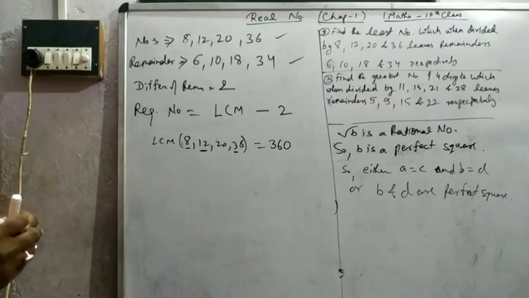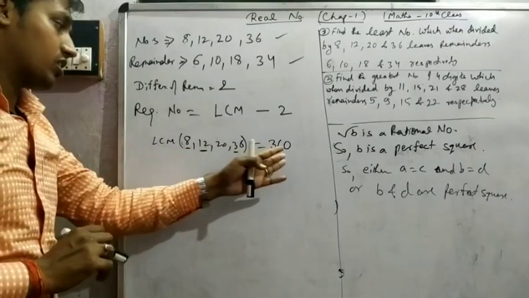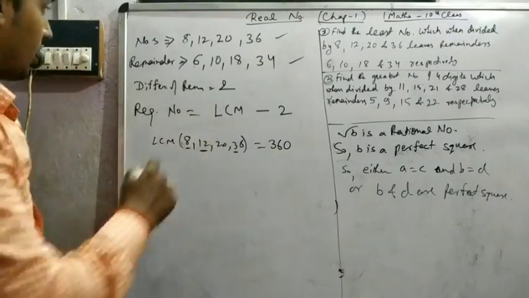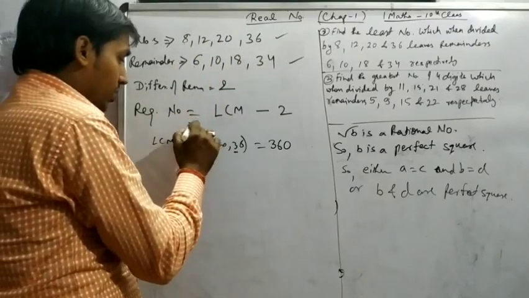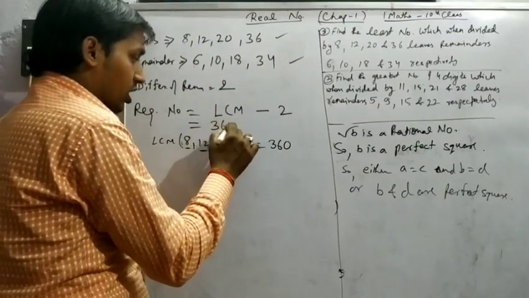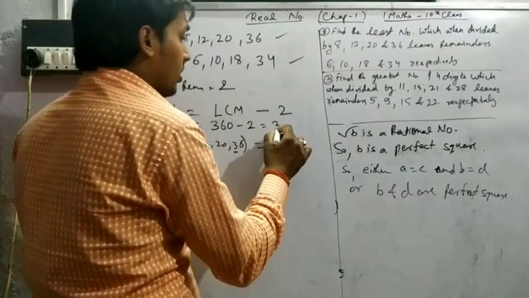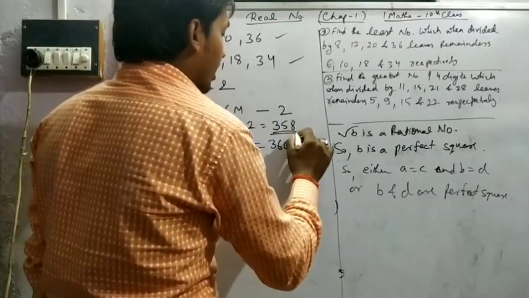You can check the LCM. 360 is the LCM of the given numbers. So the required number is 360 minus 2, that means 358.